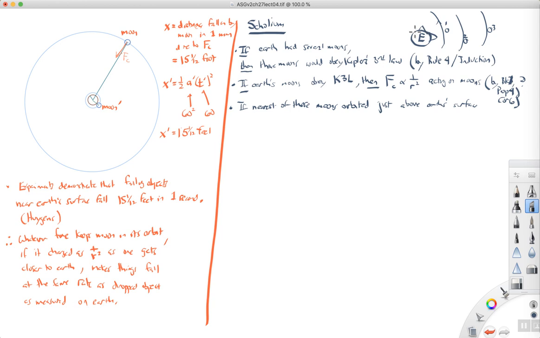So here's mountains. I know this is kind of a silly drawing. It's skimming right above the Earth's mountains. If that was the case, then what?